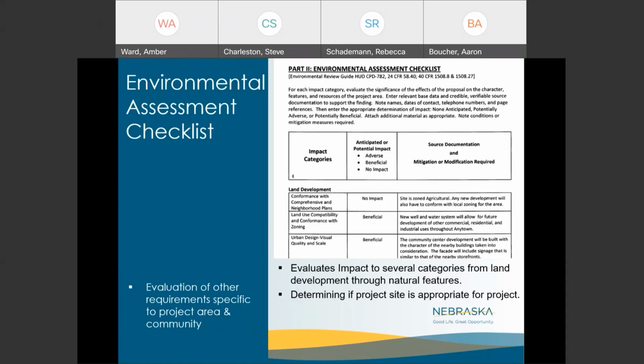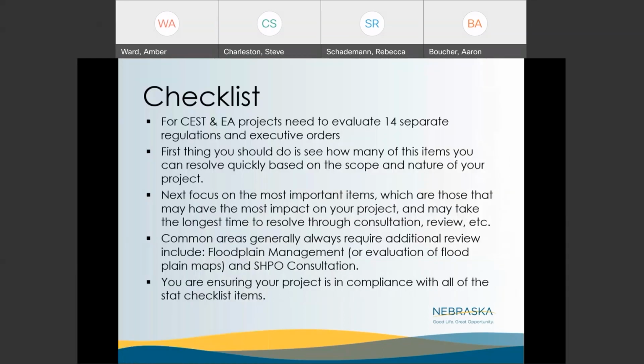And maybe there's a specific reason in terms of noise that has to be mitigated as you move through that, or it takes property out of agricultural into residential, and if it's prime farmland, there's an issue, but let's move forward. So this assessment will help you make a determination of whether or not that project is going to move forward.